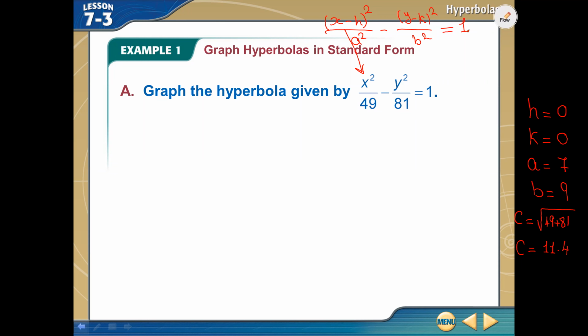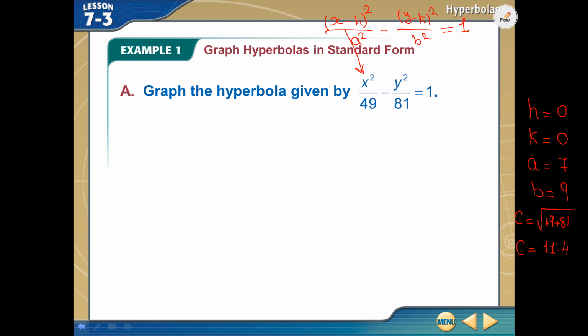So here k also is equal to 0. What about a? A power 2 is 49, the square root will be 7. The square root of 81 will be 9, as he said. After that, we get c by the relation 49 plus 81 under the square root, and we get the result.